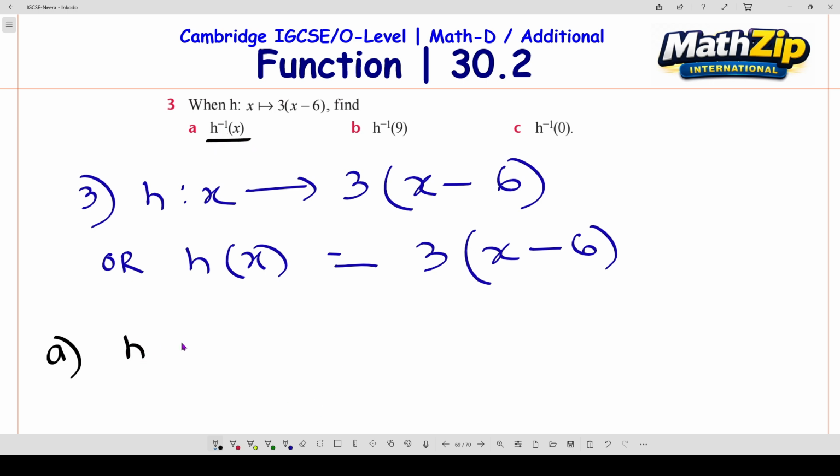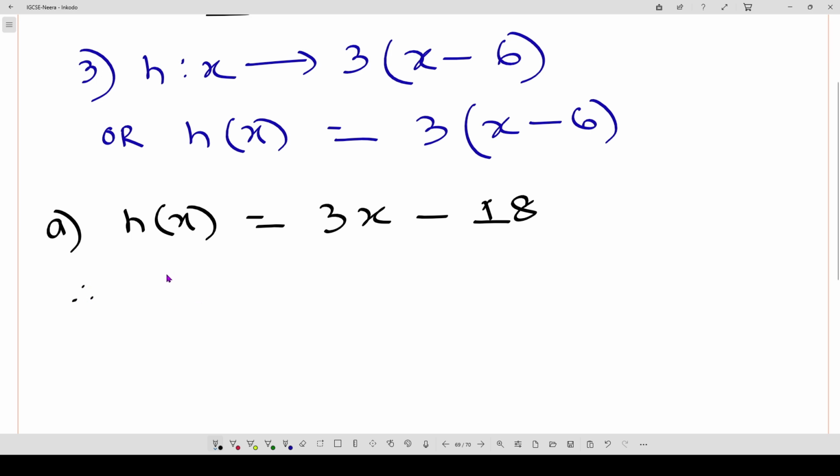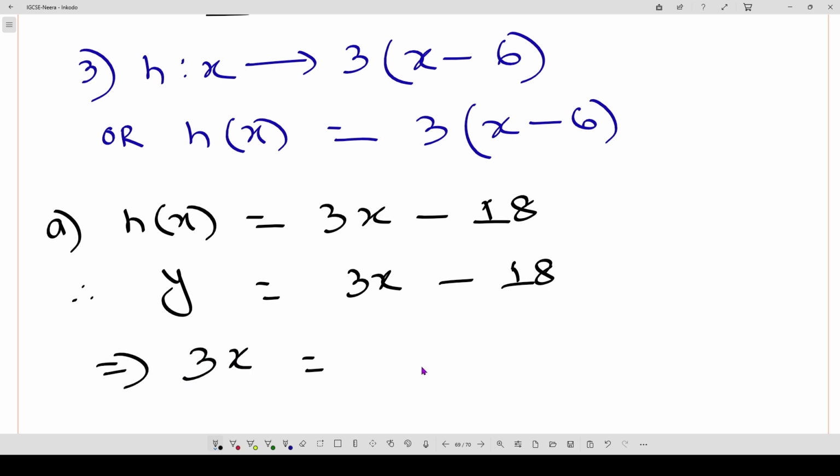So h of x equals 3x minus 18, so y equals 3x minus 18. Now if we move the 18 from the right side to the left side, 3x equals y plus 18.